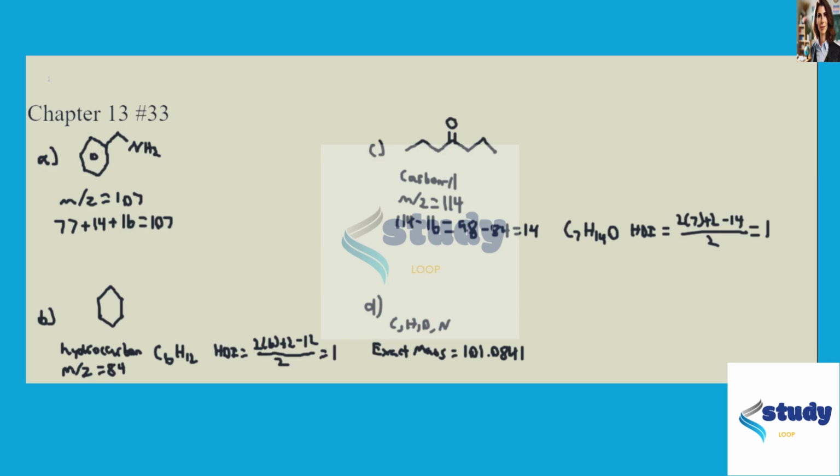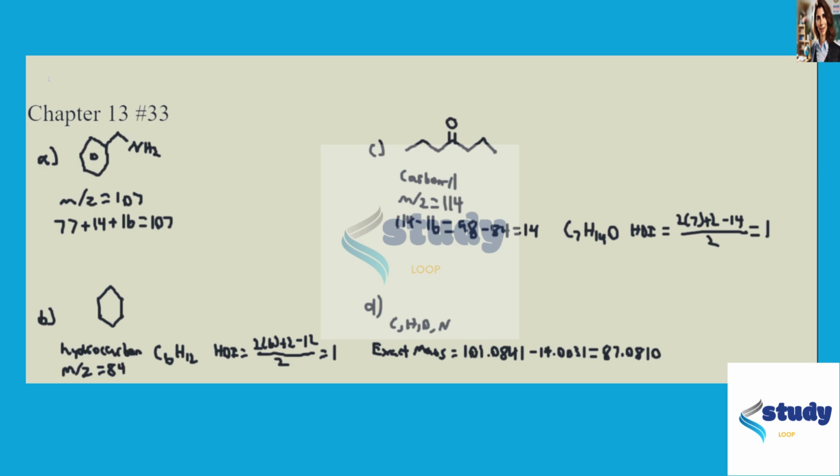And so we have an odd number here, 101. So we know that we're probably going to have one nitrogen. So one nitrogen is going to be worth 14.0031. Okay, and so that's going to leave us with 87.0810.